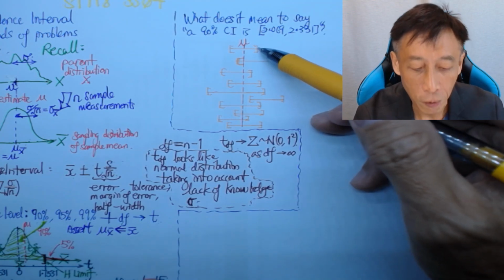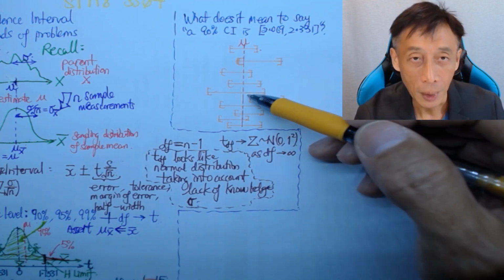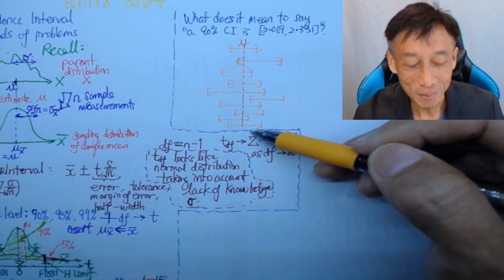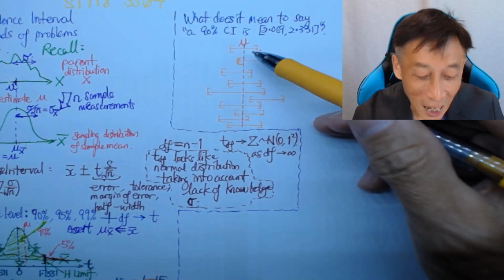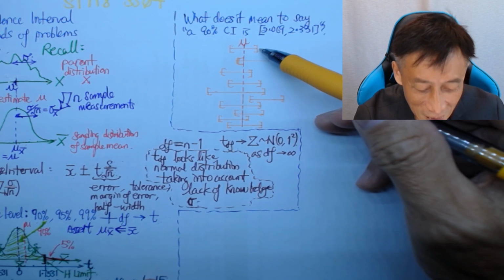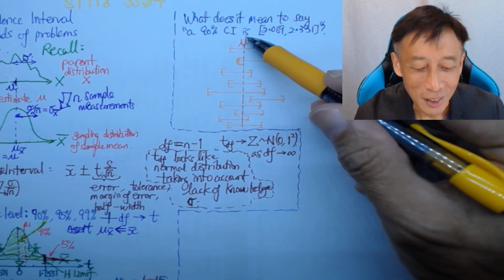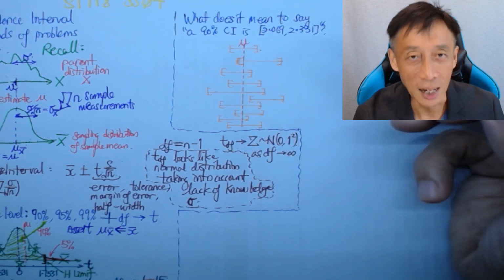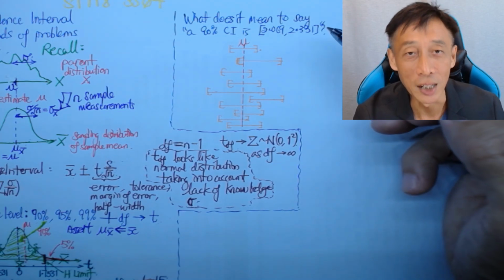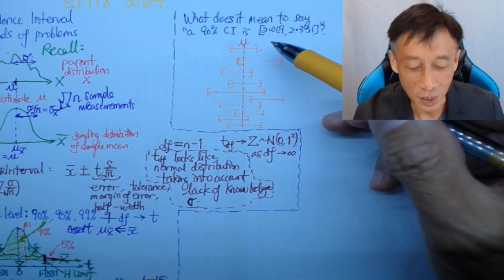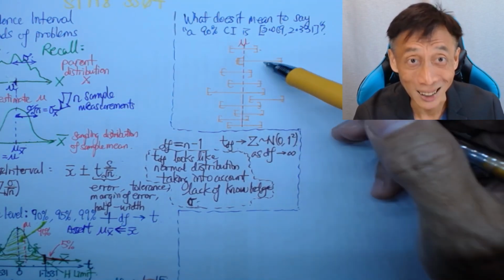So if repeated 10 times, right? If repeated 10 times, then 9 times out of 10, mu will be inside this. That is a very appropriate interpretation of this 90% because we can count now, right?